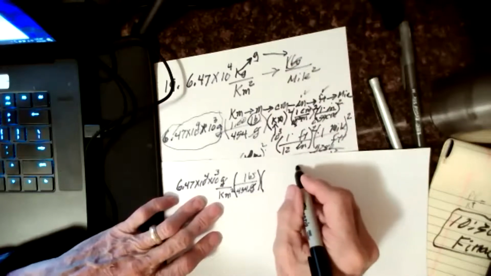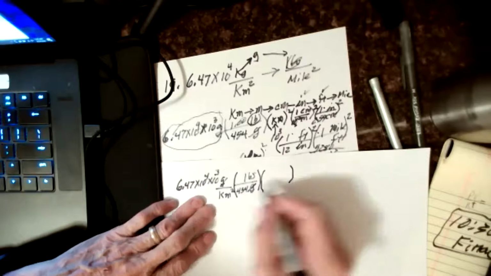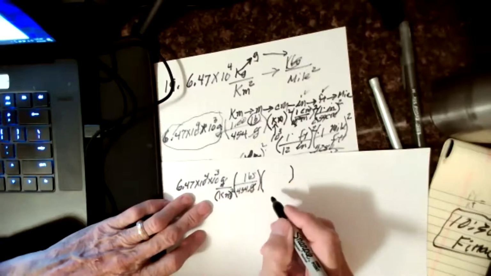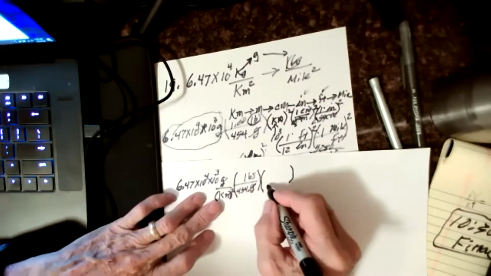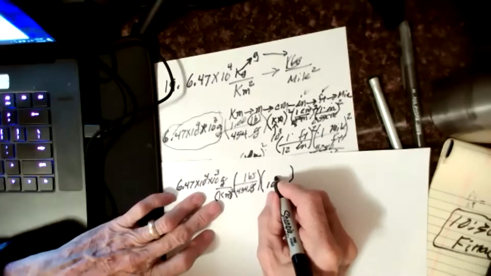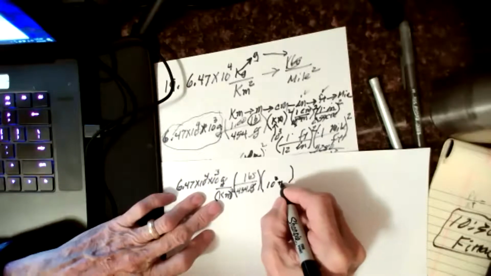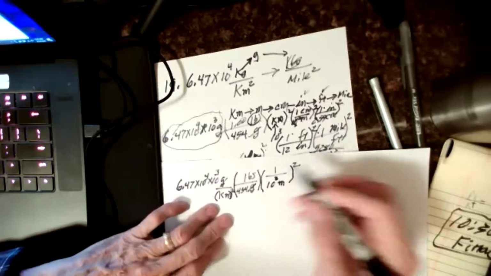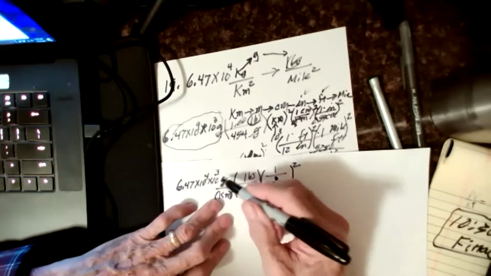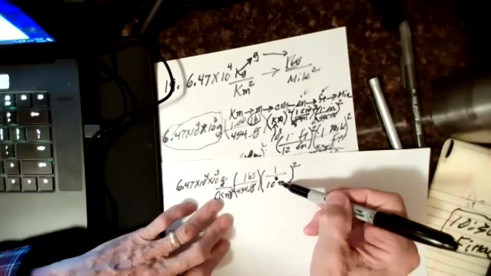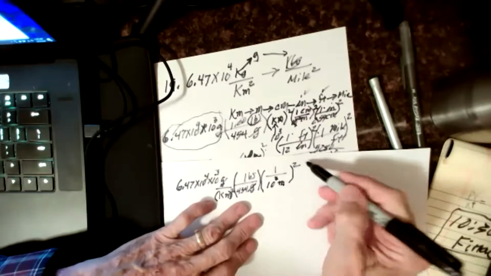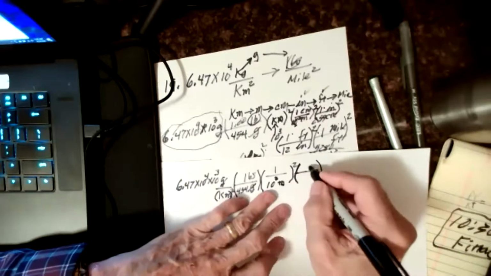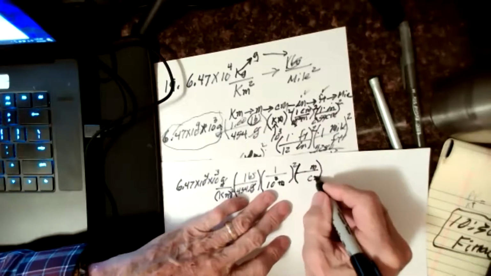Now I want to get rid of the kilometers. So what I'm going to do here, this was kilometers squared, so I'm going to replace that with 10 to the third meters, and that's squared. Now that's giving me pounds per square meter. Now I want to get rid of the meters and go to centimeters.